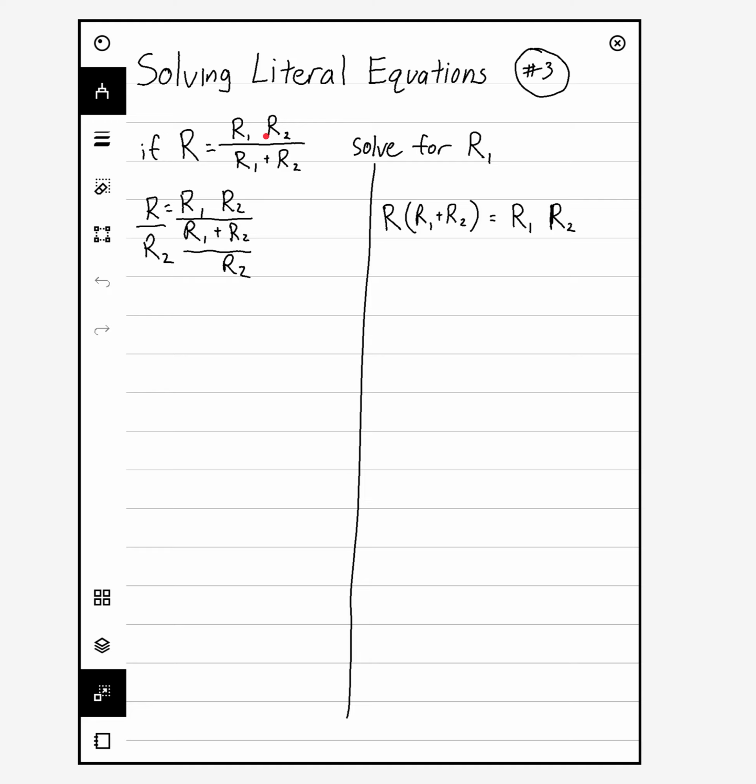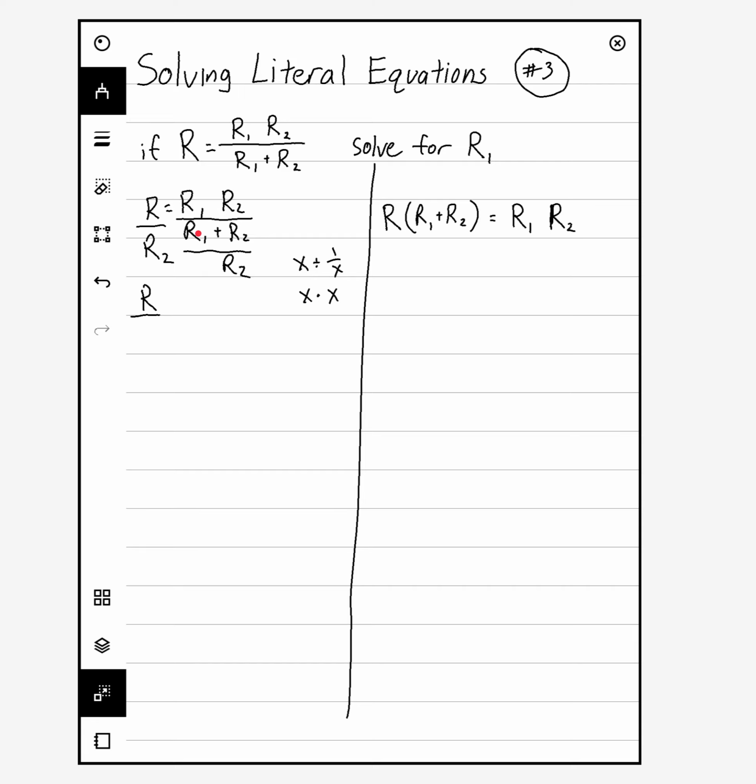Let's divide this and this by r2. So the first step, we're going to have r over r2. And then for the right side, we're going to have all of this, the original part, divided by r2. Now, what's the next step? Well, one thing I know is this. If you have some number x divided by 1 over x, that's essentially the same thing as saying x times x.